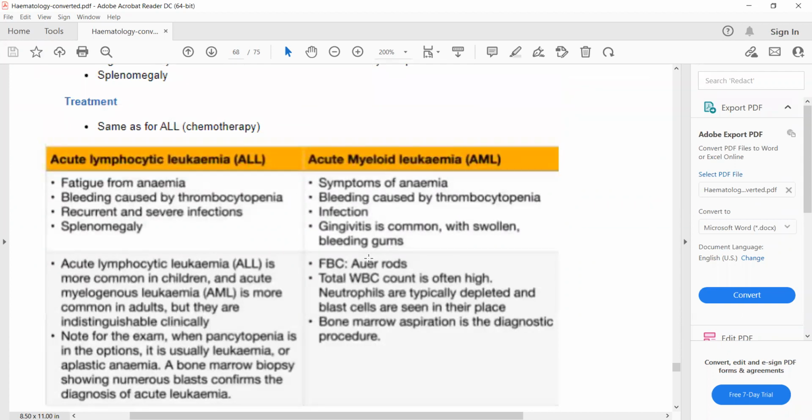If these findings are given, then you will select acute myeloid leukemia. Then you will not look at the age of the patient. But if this specific finding of myeloid leukemia is not given, then you will look at the age to select your diagnosis.